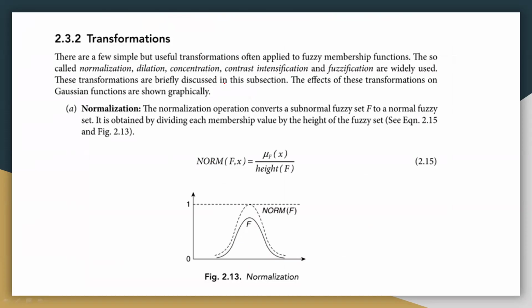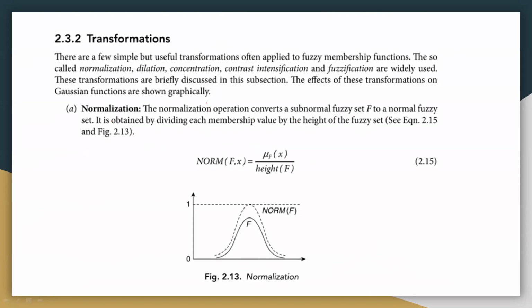These transformations actually change the shape of the fuzzy set. So what does a normalization operation do? It converts a subnormal fuzzy set to a normal fuzzy set. We already know what a subnormal fuzzy set is. It is obtained by dividing the membership value by the height of the fuzzy set.